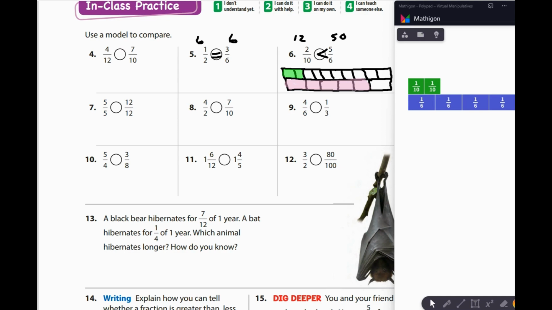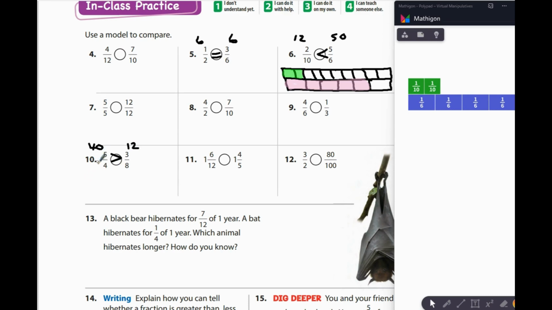Let's take a look at number 10. Same thing. We can use cross multiplication and say that 8 times 5 is 40 and 4 times 3 is 12. That's going to be greater. We can also draw an image, or we could just look at the fraction.